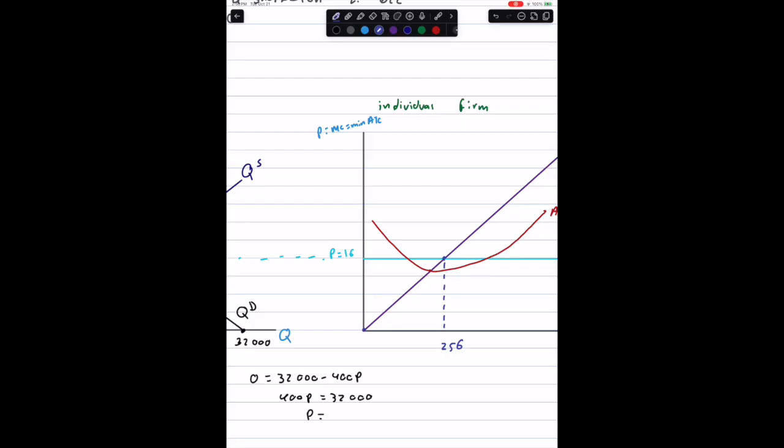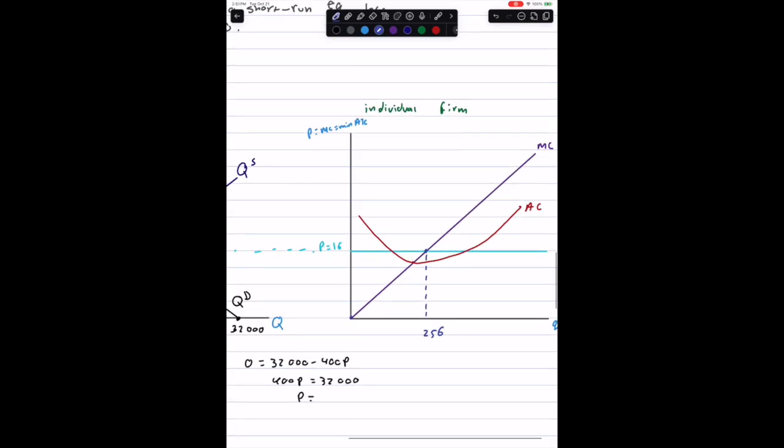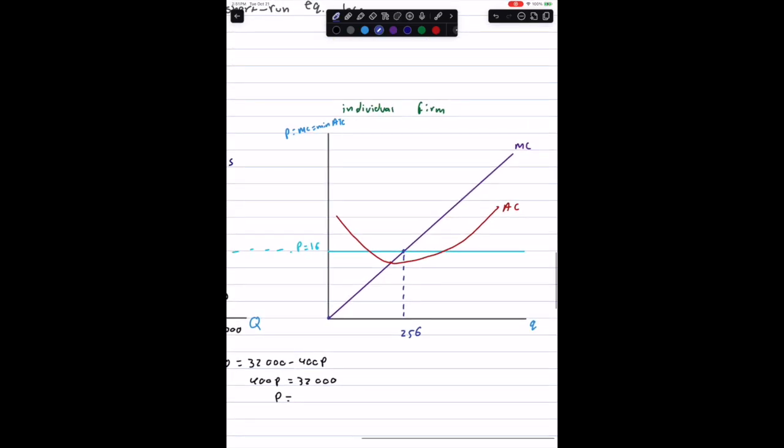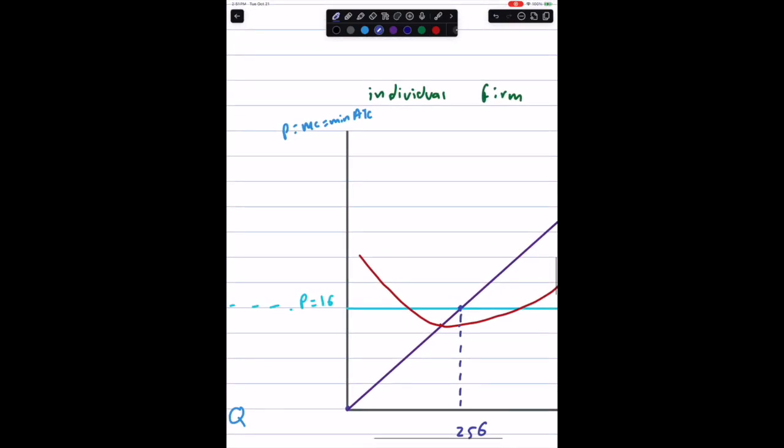I apologize for the confusion. The graph I'm looking at is very, very compressed, and mine is much bigger. So that's just why I'm getting confused. But we know when price is equal to marginal cost, each individual firm will supply 256 units. Perfect. We know that the average cost when each individual firm supplies 256 units is equal to 8.5.